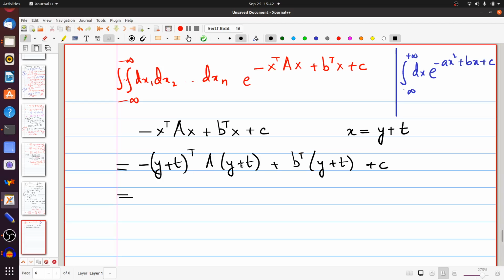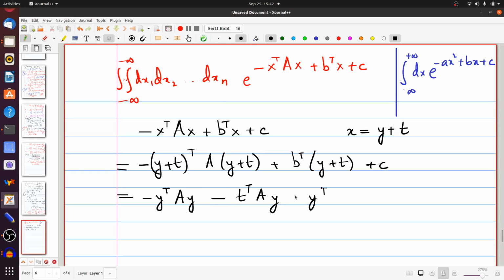And now we can expand this out. You get 4 terms from the first piece, y transpose Ay, a homogeneous quadratic in the new variables y1, y2, yn, plus 2 terms which are linear in y, t transpose Ay, plus y transpose At. These are all minuses because of the overall minus sign outside.